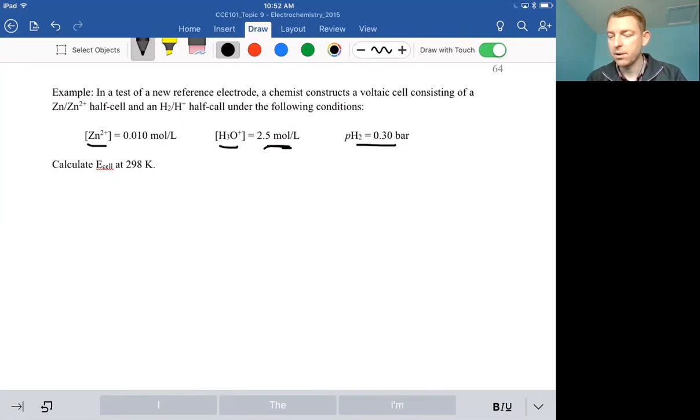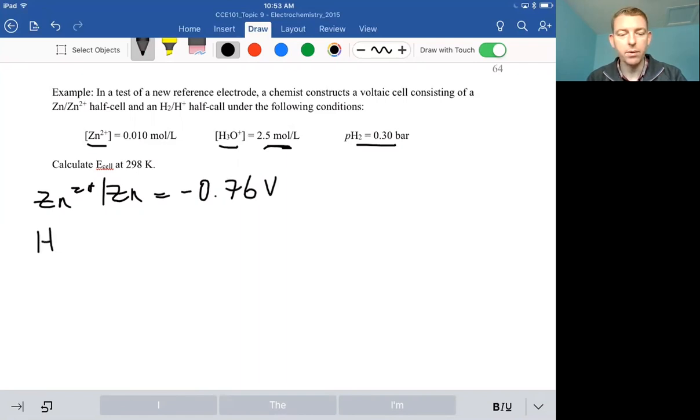Okay, so right away, we know the zinc half reaction, we could just look this up in a table even, but we've already seen it a few times: negative 0.76 volts, its standard reduction potential.